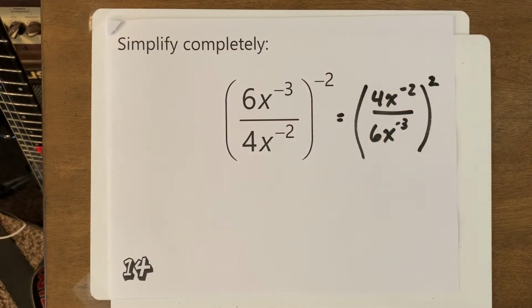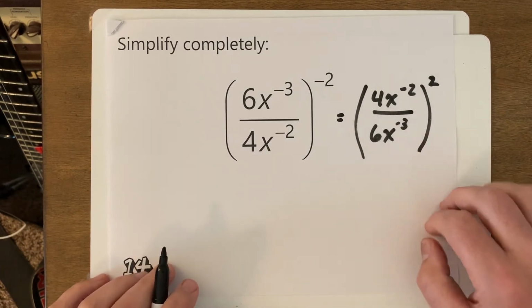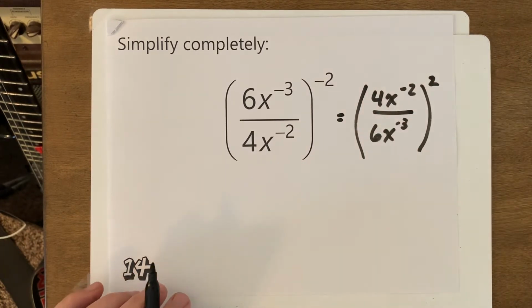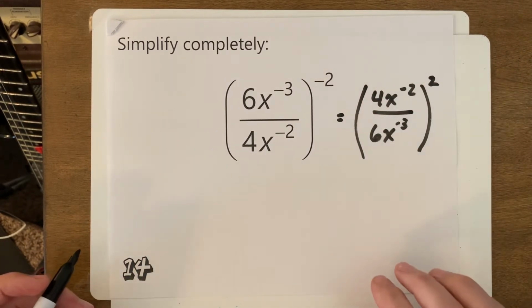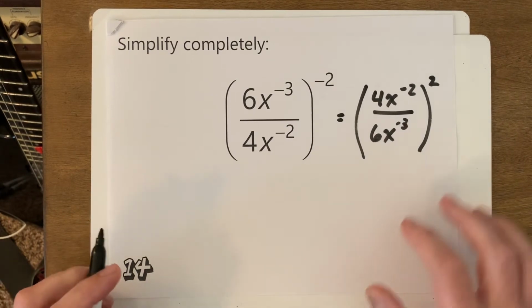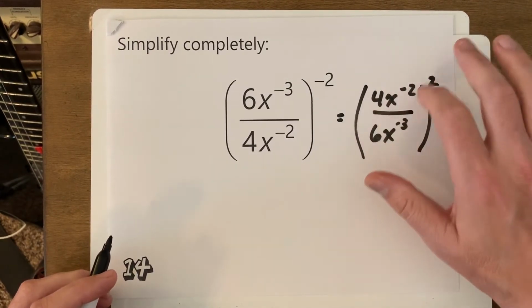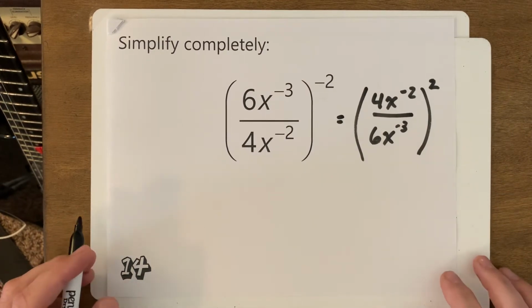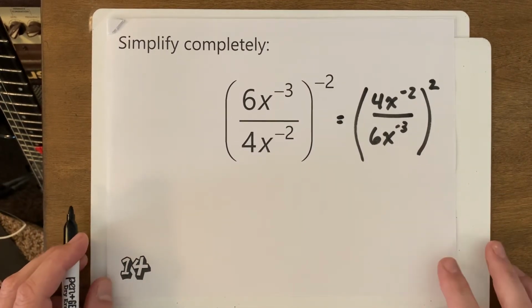Okay, so we flipped it first. Now what's going to happen? If we flip it first, we can also simplify these right now if we want to. 4 divided by 6 is really 2/3. So we can simplify that. You could also distribute the 2 to everything if you want to. I don't know which one's going to be easier or better. You never know until you just start playing with it.